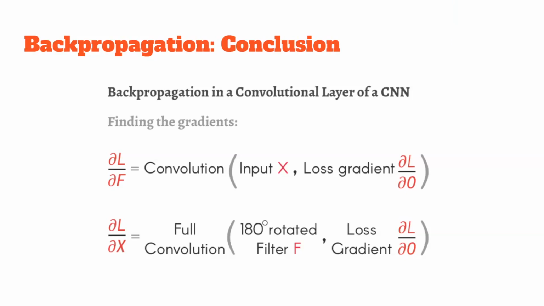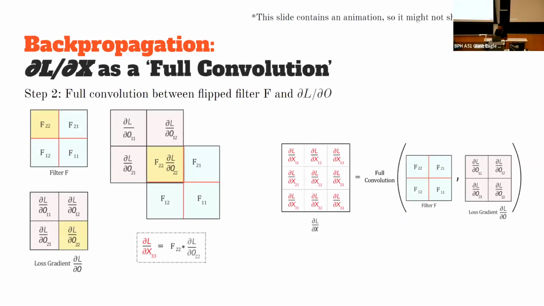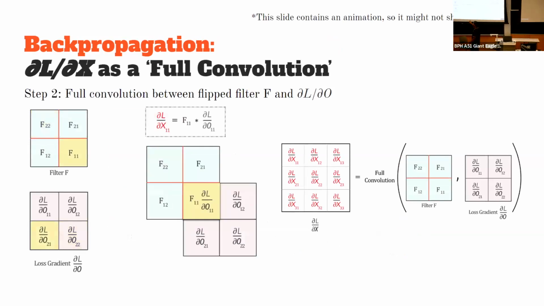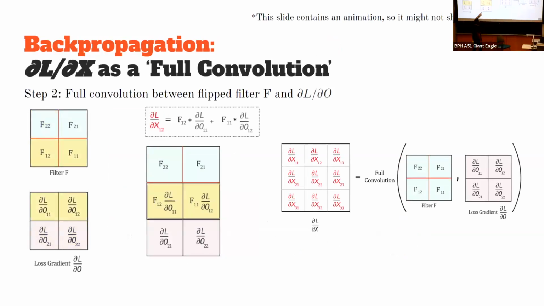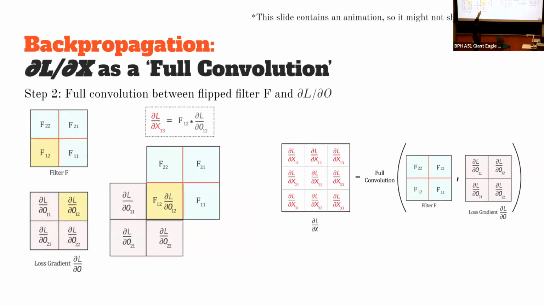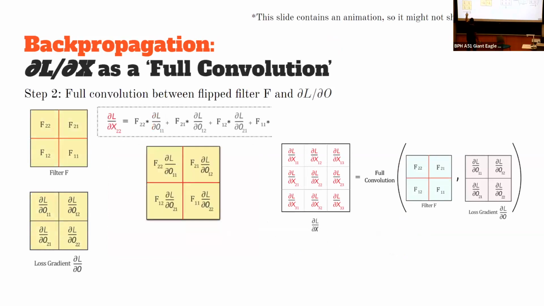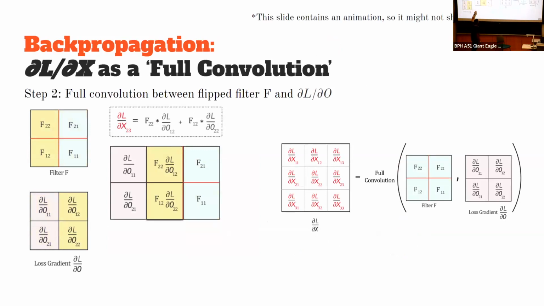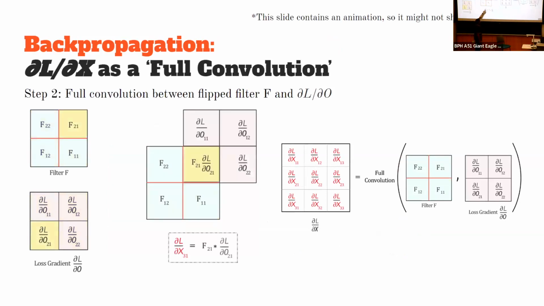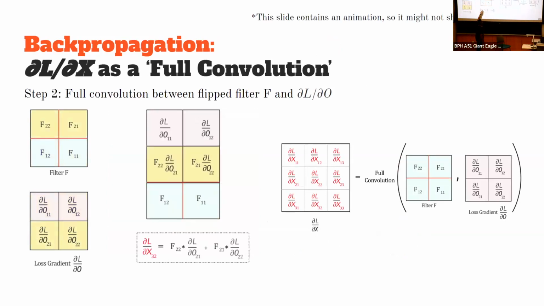What's the difference between a convolution and a full convolution? Right. So the full convolution is basically what's happening here. This is just trying to emphasize that you are convolving the loss gradient with your filter f, where you go outside your inputs as well.